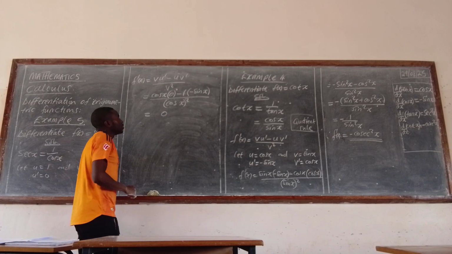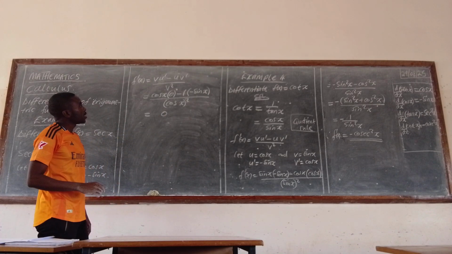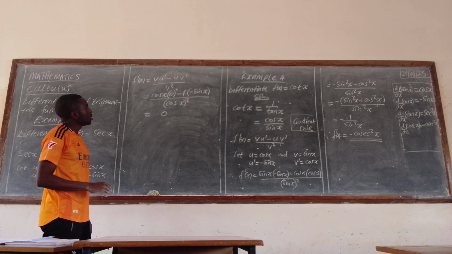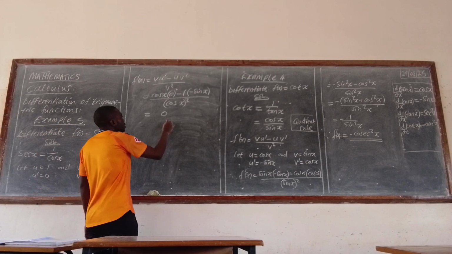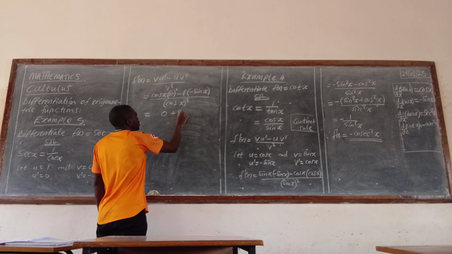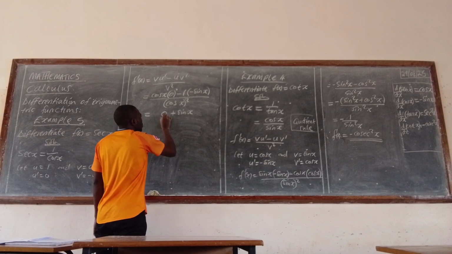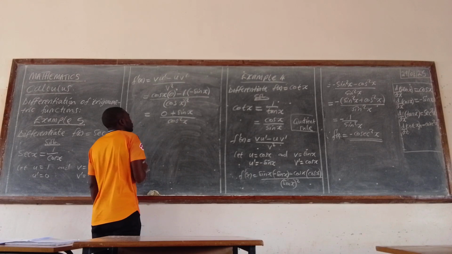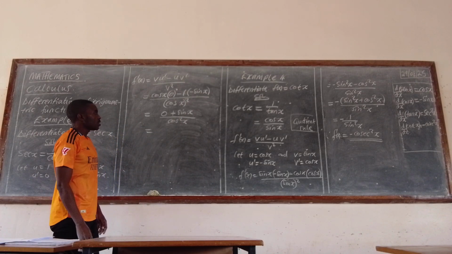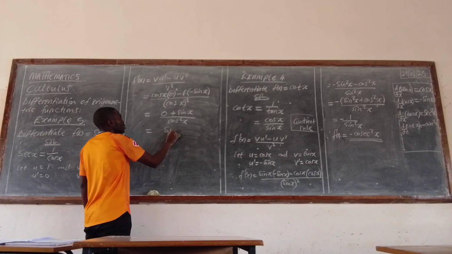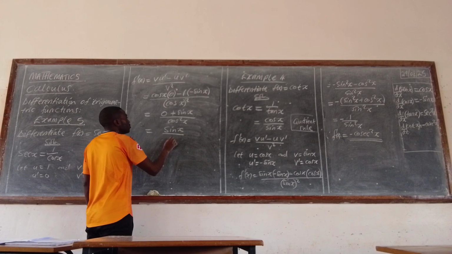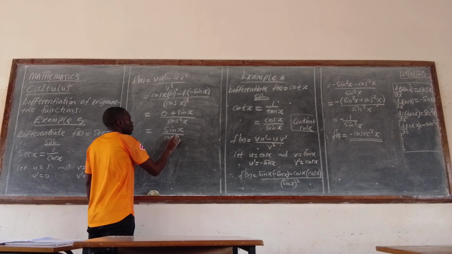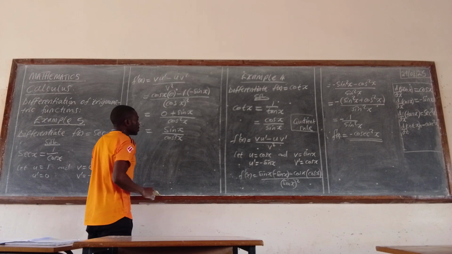Then we have negative 1 multiplied by negative sin x. It gives us plus sin x. We divide this by cos squared x. 0 is nothing. We're going to say this is sin x divided by cos squared x.